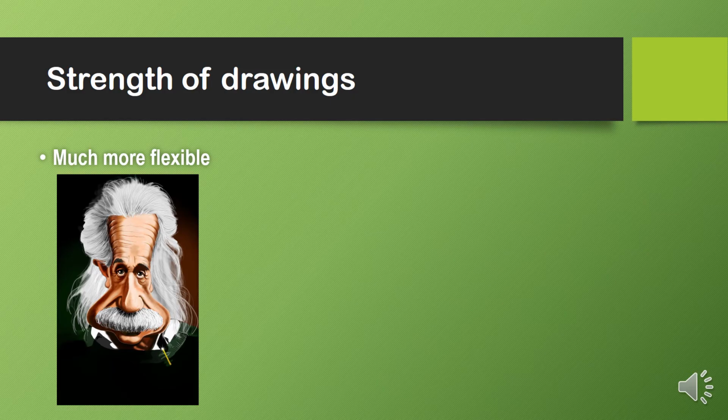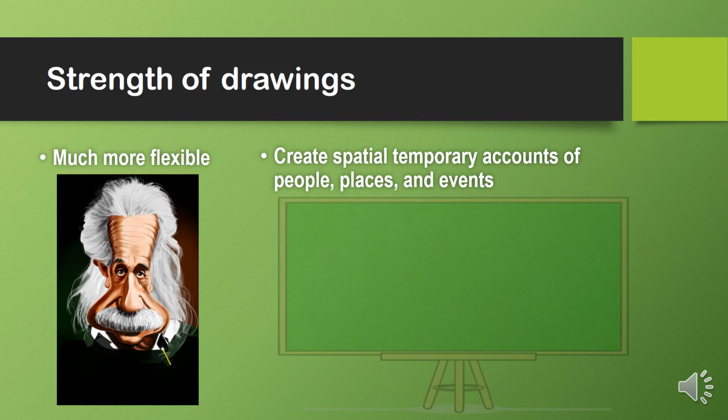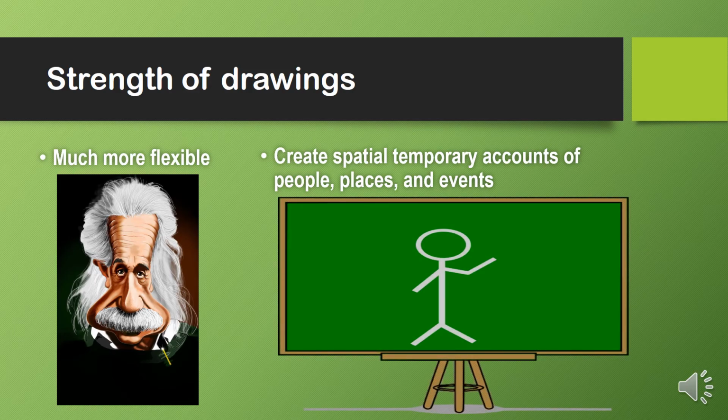For example, a caricature of a person may highlight the personality much better than a photo can. Another strength of drawing is that it can create not only spatial but also temporal accounts of people, places, and events. For example, teachers can draw simple stick figures on a board and tell a story by gradually adding details on it.